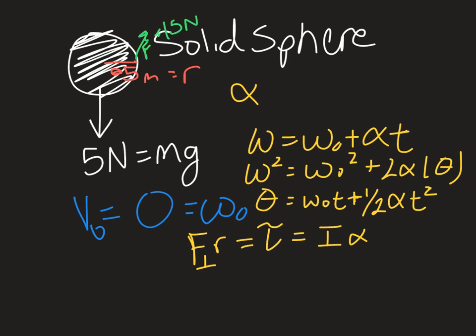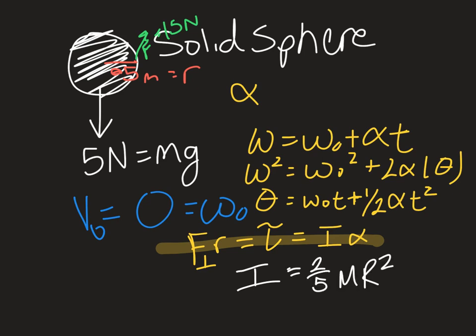So I believe that this equation will be my most beneficial equation. And I'm going to recognize that since it's a solid sphere, I can determine the moment of inertia of that sphere. Take some time, substitute these equations into each other as necessary, and let's determine what our alpha will be.